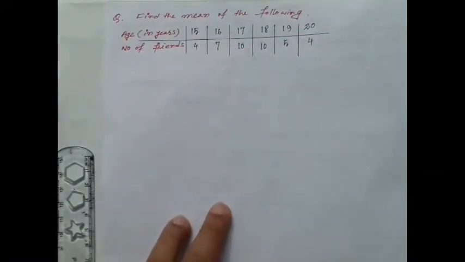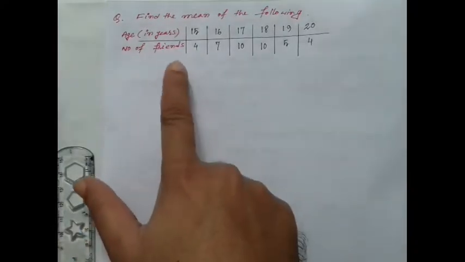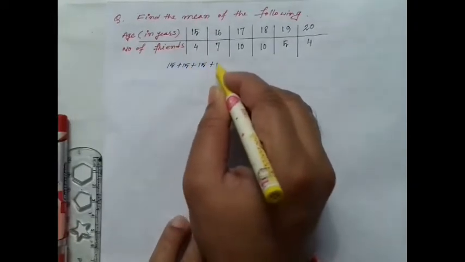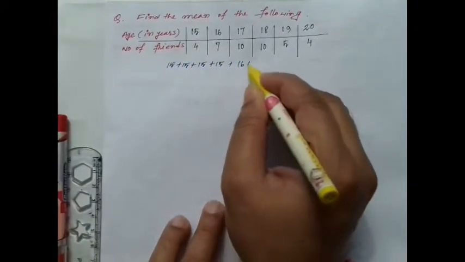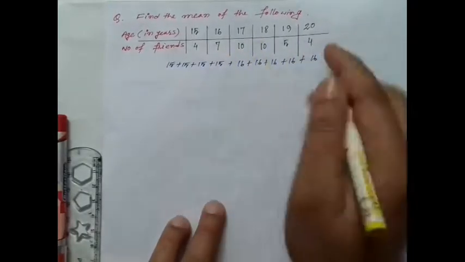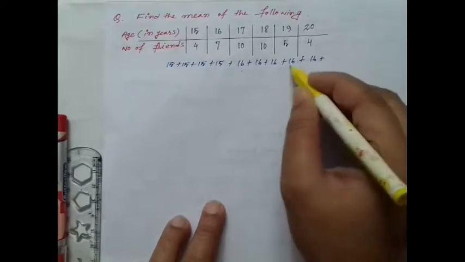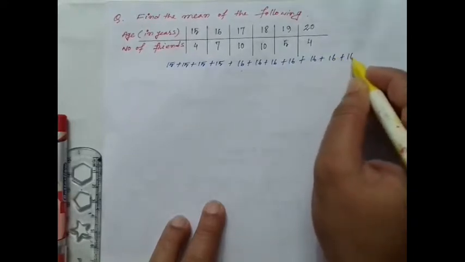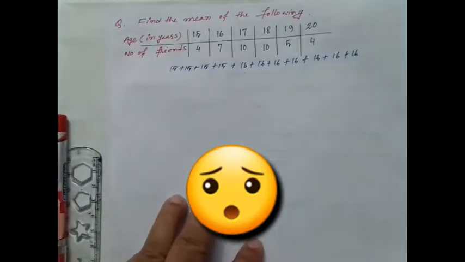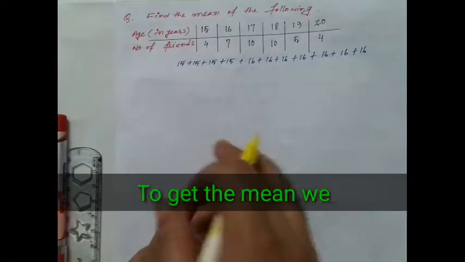If we add 15 plus 15 plus 15 plus 15, then 16 plus 16 plus 16 plus 16 plus 16, how many? Seven 16s are there, 4, 5, 6, 7. Then we will get a long addition.